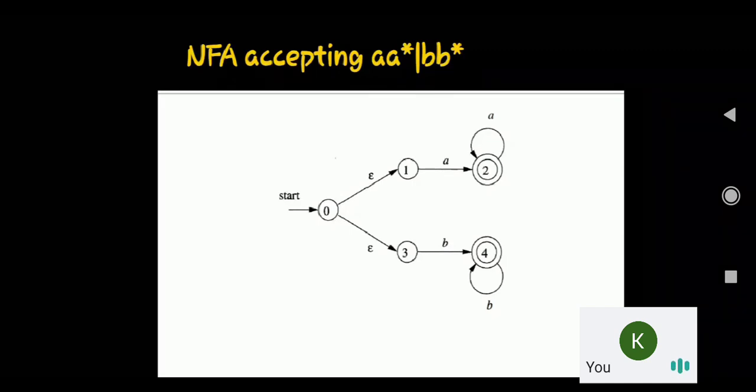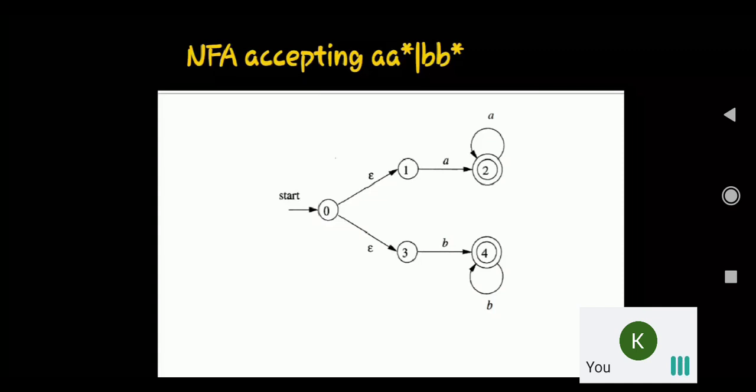Concentrate or focus on this particular regular expression. So in this regular expression you have A asterisk, or the vertical line which indicates OR, B asterisk. The first A we don't have any asterisk, but for the second A you have asterisk.